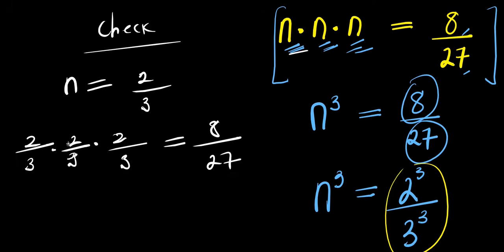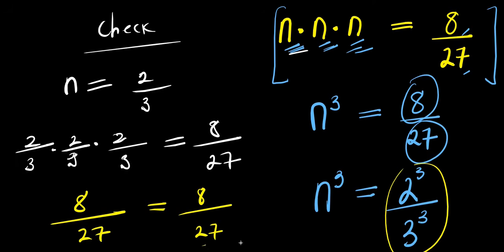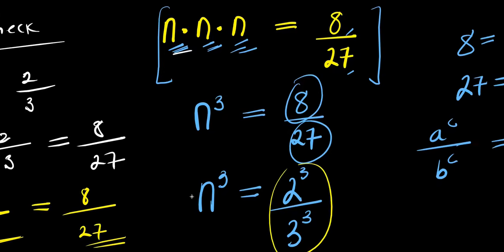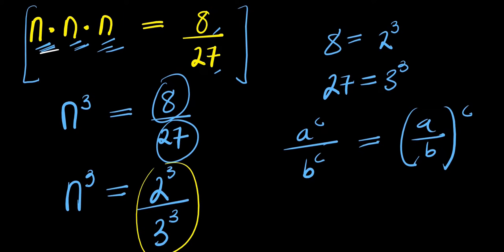So if you multiply 2 times 2 for 4 times 2, this is 8, divided by 3 times 3, 9, times 3, 27. This equals 8 divided by 27. So both sides are the same, which shows that the value of n is correct. So we have n equals 2 divided by 3 as our only real solution.